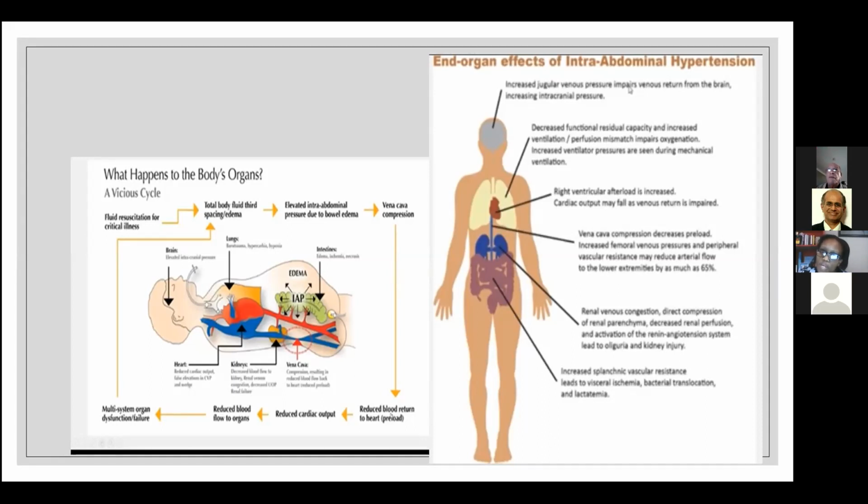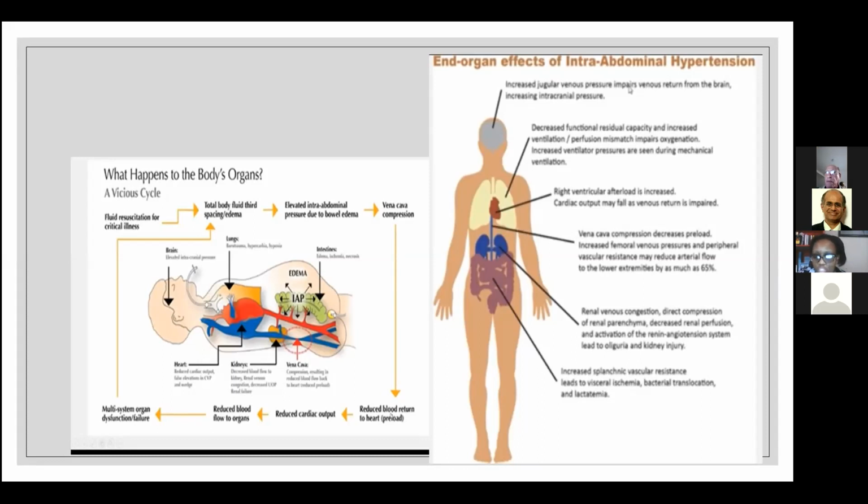And then in the lungs, it can lead to ventilation perfusion mismatch, which causes hypoxia. So the patient basically needs more ventilation, which is why most patients that we see with abdominal compartment syndrome are critically ill patients.